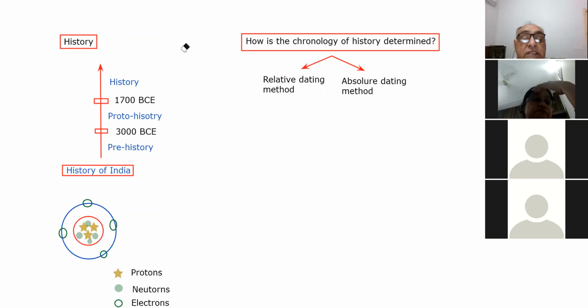So now the next thing is that table, right? Let us make a table. As far as the table is concerned, first of all we will write here the name of a method. We write the name of the method, which method of age determination it is. So we will write here name of method. This is the one point.